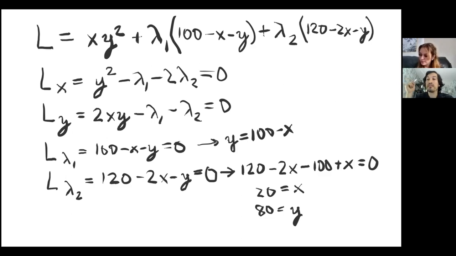If they're negative, then whichever lambda is negative, that constraint is not binding in the solution. We assumed it was binding and we were wrong. So we need to change our assumption, assume that constraint is not binding, set that lambda equal to 0, and then see what the solution to our first order conditions is.